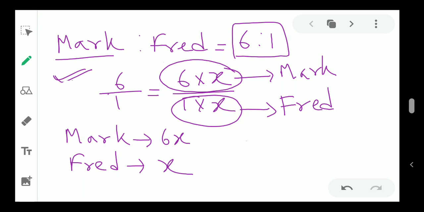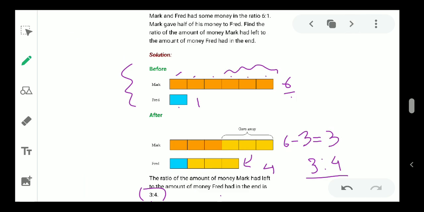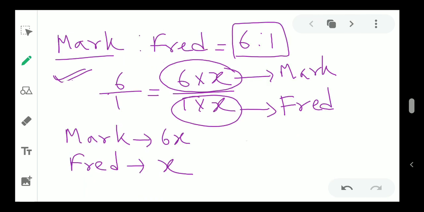Now let's see. If Mark is giving half of that money, you can see here that Mark has given half of the money to Fred. So half of Mark's money, that is 6x by 2, that is the half money. So that is my 3x money.